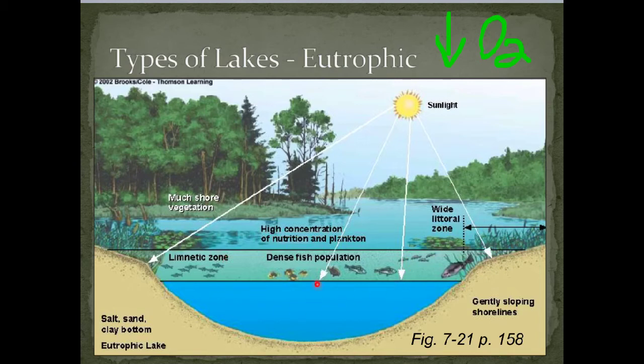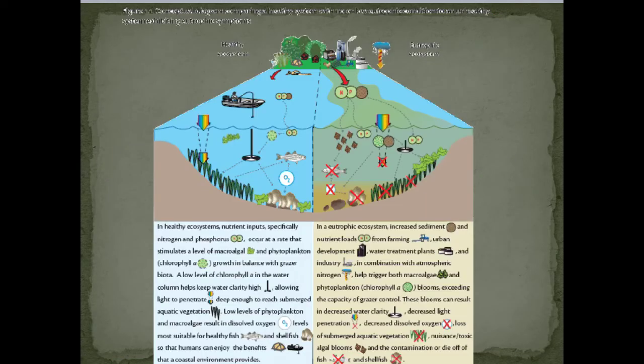We tend to have eutrophic lakes here in Florida and southern states. And oligotrophic tends to be more in northern states and areas. Oh, and also sandy, silt, and clay bottoms, and sloping shorelines. So it doesn't have that drop-off as you do with oligotrophic.